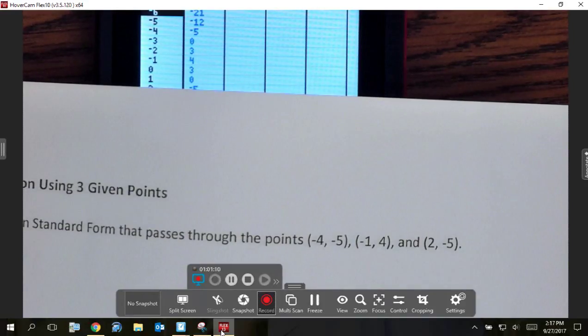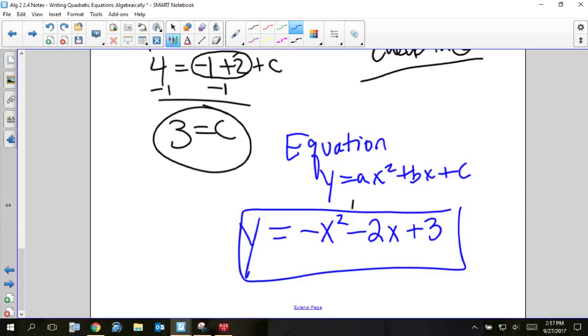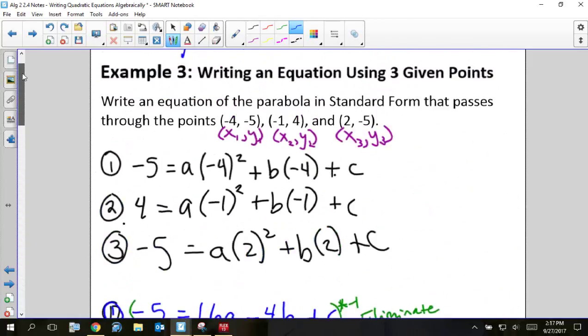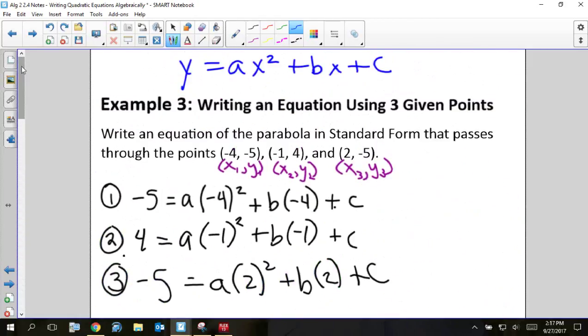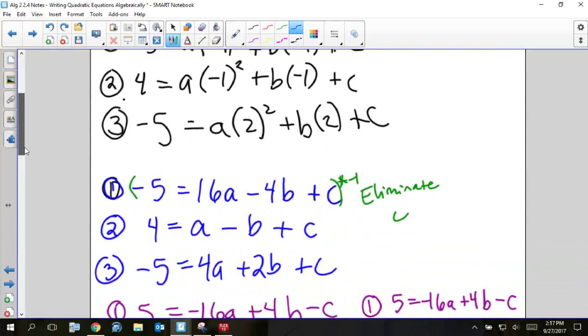Can I tell you why it's important that we check it? When you look at the original question, it didn't give you 3 equations to solve. You had to create the equations yourself. If you create the equation wrong, and then you solve it, and it all checks, that doesn't mean you have the right answer with those ordered pairs.